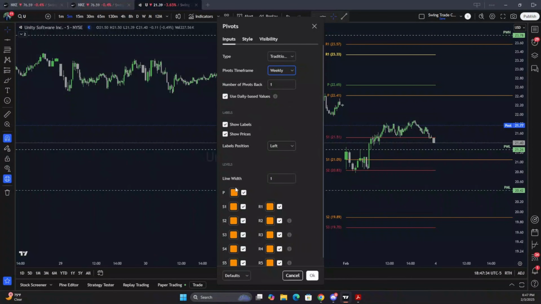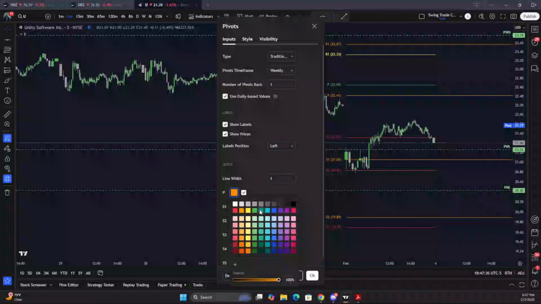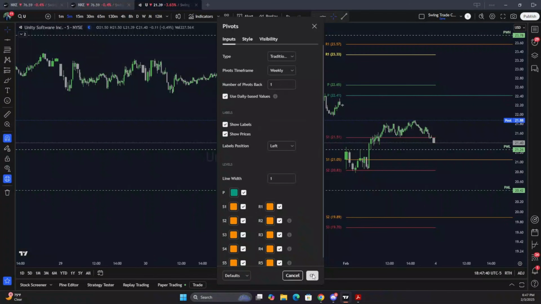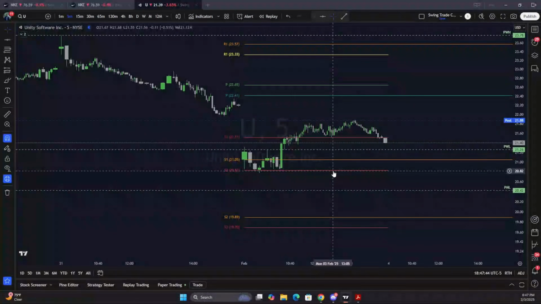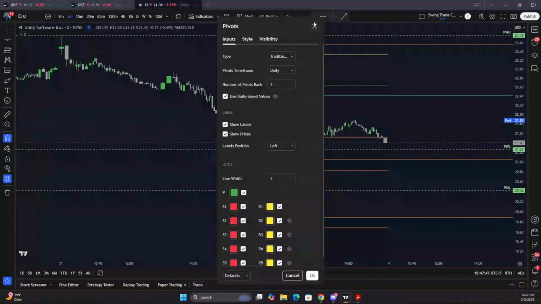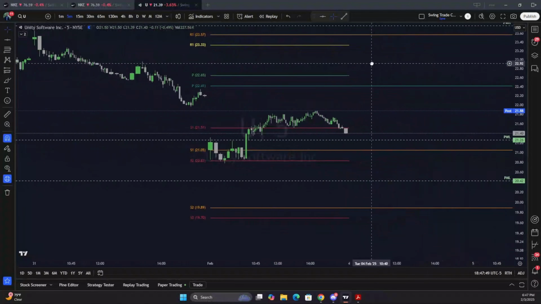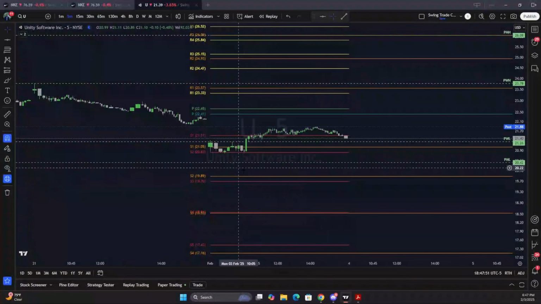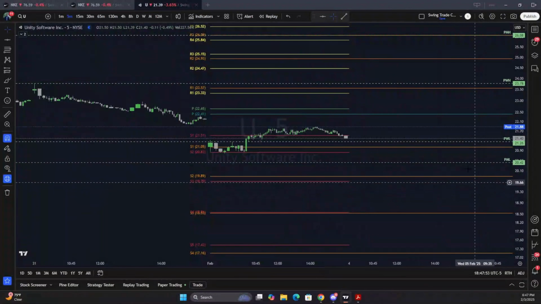Okay. And the only thing that I do is change the weekly pivot structure into a different color. And I want to make sure that both are on traditional. Yep, they're both on traditional. So now what I've done is I've added weekly pivot structures with daily pivot structures.